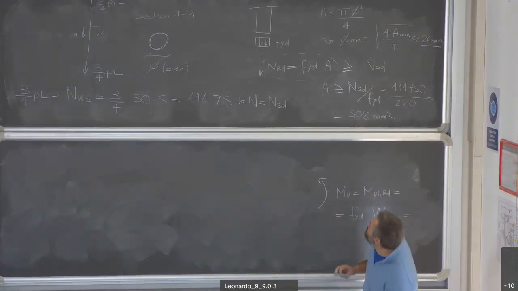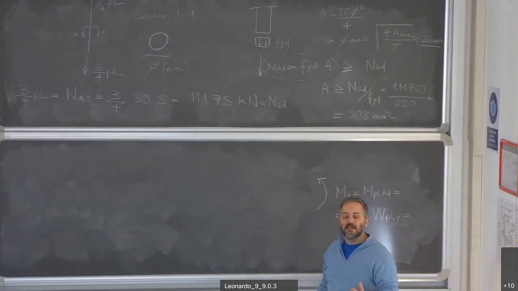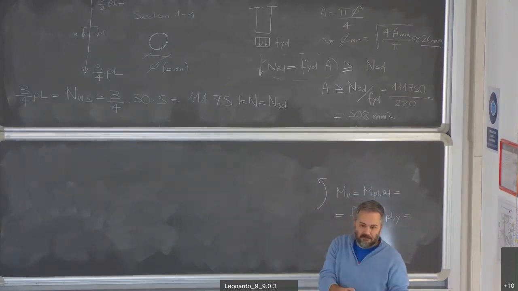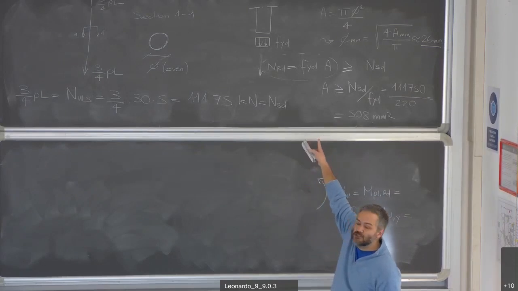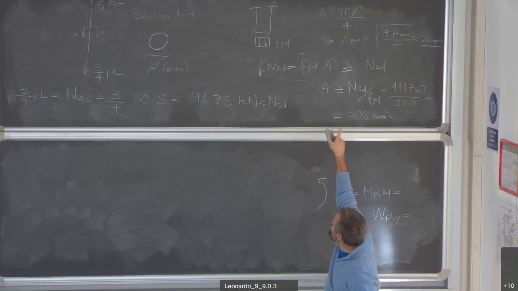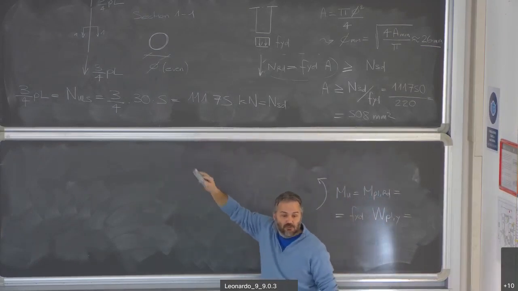Given a member subjected to pure tension with a yield strength equal to f_yd and an area A, NRD is the maximum axial force the member can be subjected to, given its material properties, f_yd, and geometry, A. Knowing this from structural mechanics, I designed the area and therefore the diameter in order to make this number larger than this one, in order to guarantee safety.